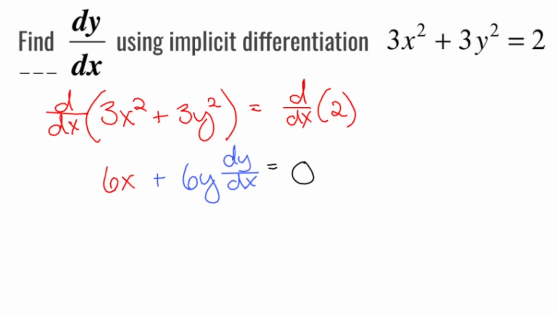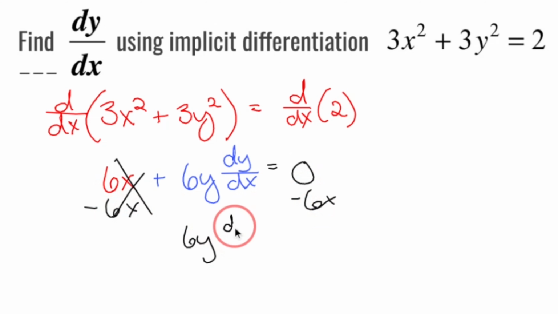Now what I have to do is get dy/dx all by itself. Well, dy/dx isn't all by itself. I have 6y attached and 6x floating. So let's subtract 6x from both sides. That gives me 6y dy/dx equals negative 6x. dy/dx still isn't all by itself.